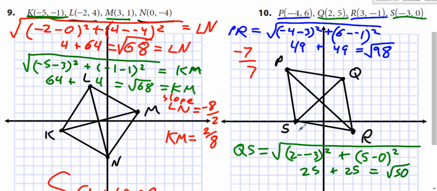From S to Q, that slope, it goes up 5 and over 5. So 5 over 5 is the same as 1 over 1. Negative 7 over 7 is the same as a negative 1 over 1. So we have a positive and a negative, so they're opposites. And they are flipped. They are reciprocal. So opposite reciprocals means that's a right angle. So it's a rhombus.